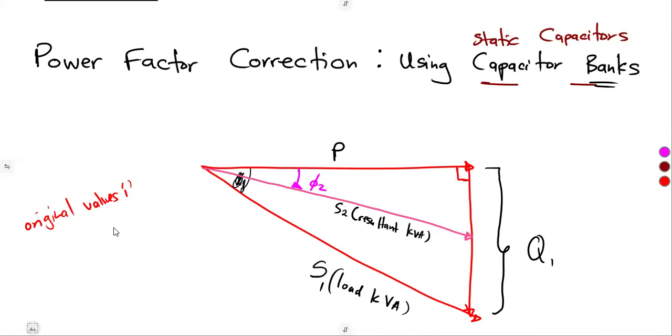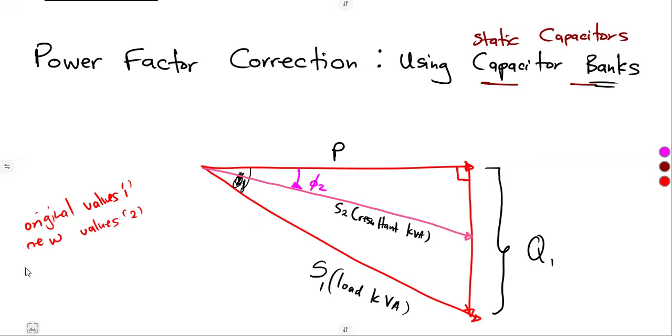Then the new values, after the capacitors have been inserted, we now have new values. So these ones we're going to denote with a 2.